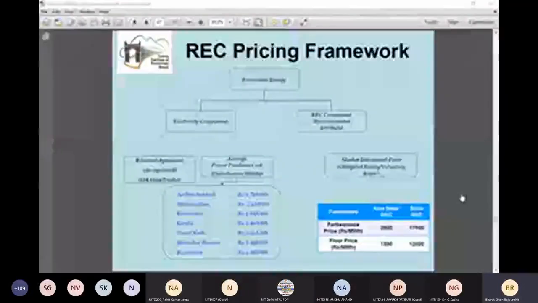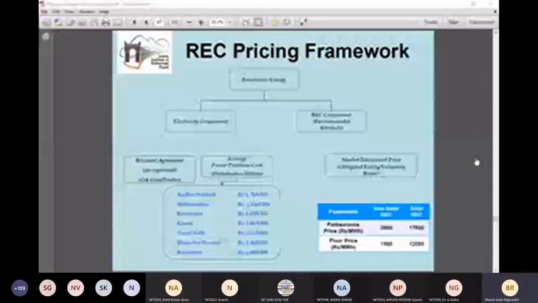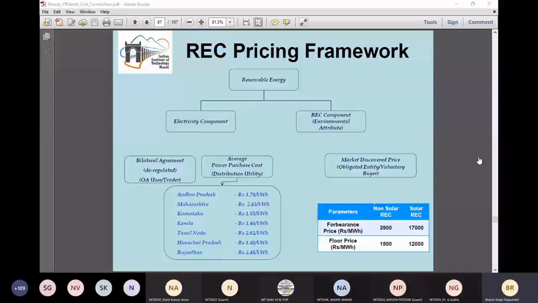Earlier, non-solar and solar were considered different because solar was very costly during 2010. This table is from the 2010 regulations. Now we can see the upper price for wind, for 1 megawatt hour, is somewhere around 3.9 rupees per unit and the minimum price is 1.5.